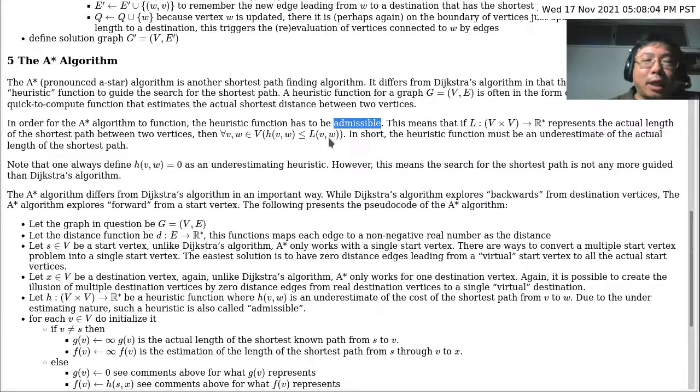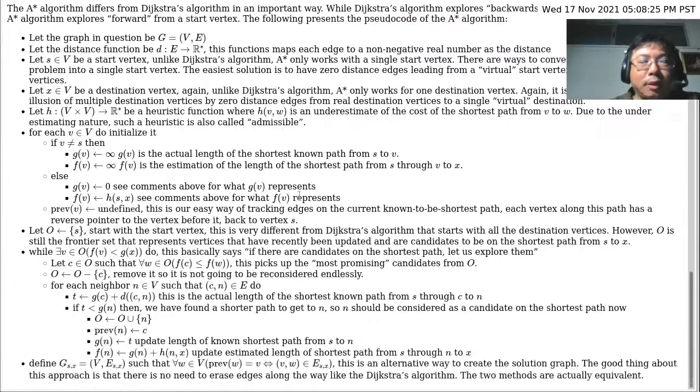But in reality, we only really care about the length of the shortest path from a vertex to the destination vertex in this case. But there are two more terms that are useful here. One is called the g function, and one is called the f function, when we are talking about the A-star algorithm.